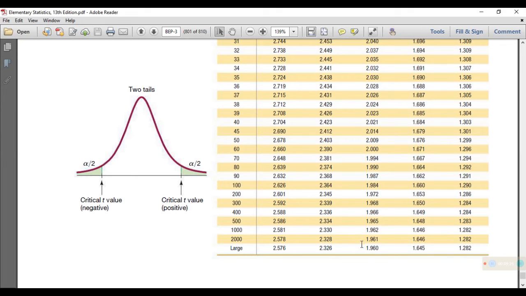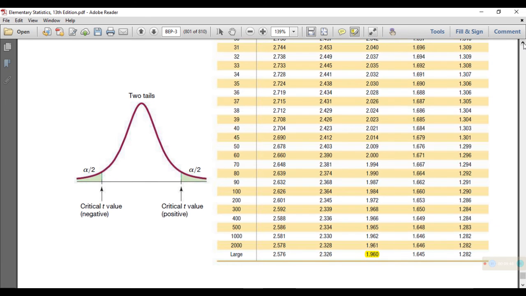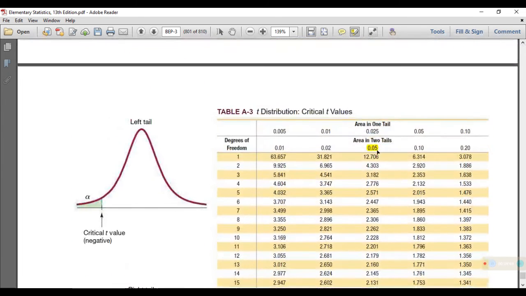As I've mentioned from before, kapag hindi nyo gustong gamitin yung table at hindi nyo gustong gumamit ng degrees of freedom, pwedeng dito na lang kayo tumingin. Ayan, dito sa large or dito sa naka-infinity. So, ito siya. 1.960 at 0.05 two tails.